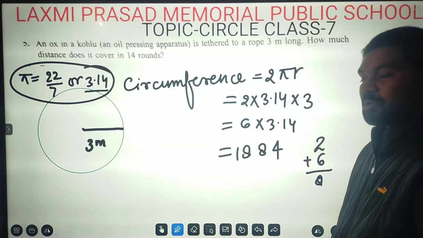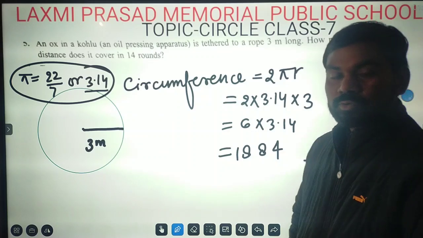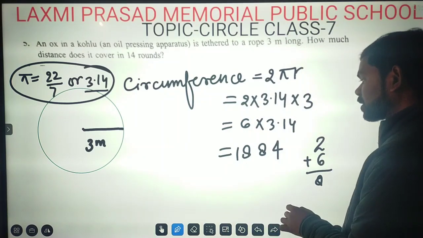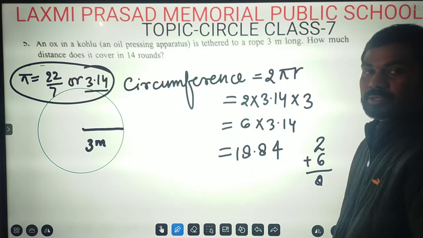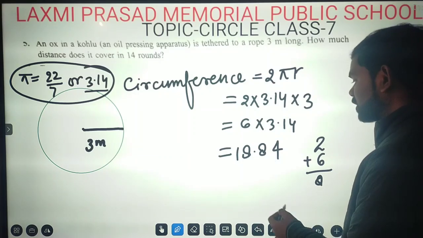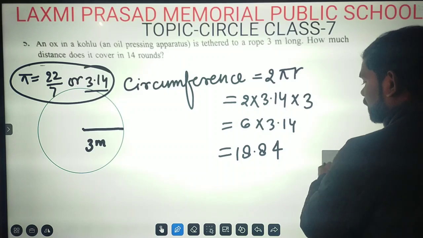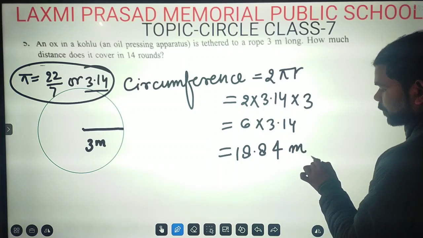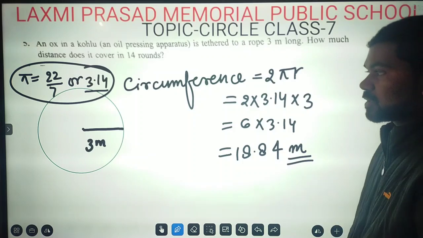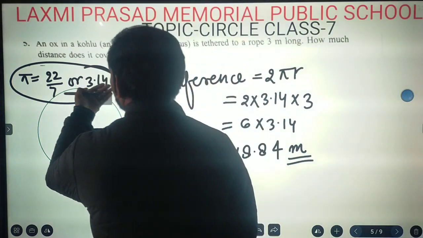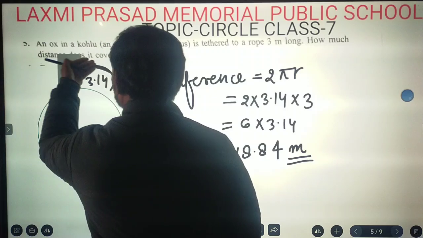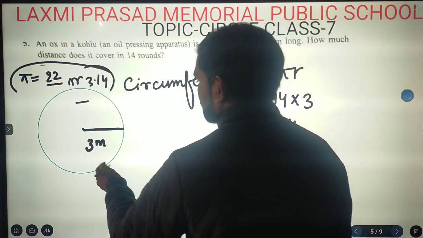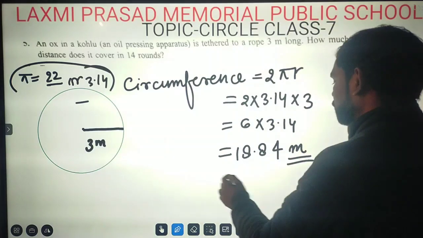Since the decimal is placed after 2 digits from the right-hand side, in the product the decimal will also be placed after 2 digits from the right. So we get 18.84 meters, which is the circumference of the circular path on which the ox is moving.